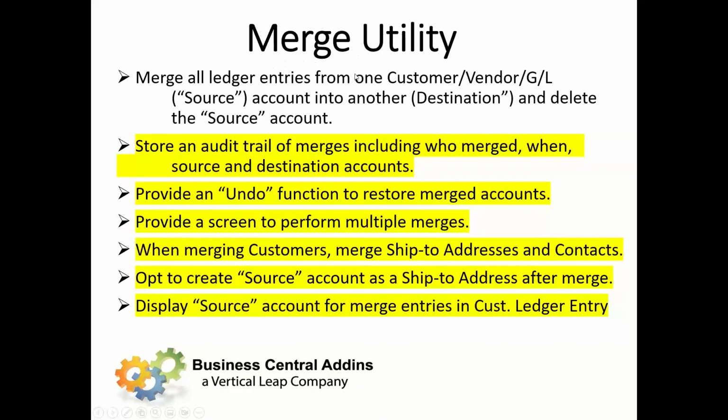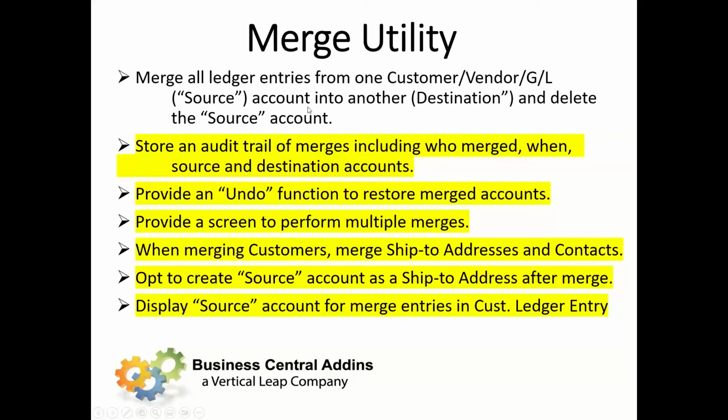From time to time, it happens that duplicate accounts get created. Customer service can't find an account for a customer, so they create a new one. Well, obviously that creates all kinds of problems. You don't have any history. Business Central now allows you to merge entries from one customer or vendor or GL account, which we call the source account, into another called the destination account, and we delete the source account.